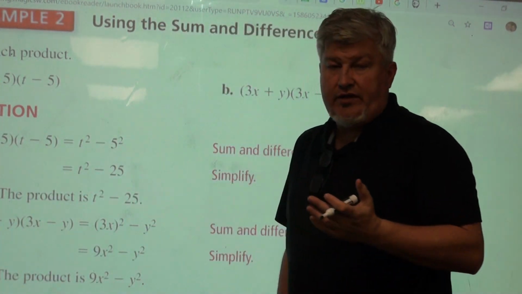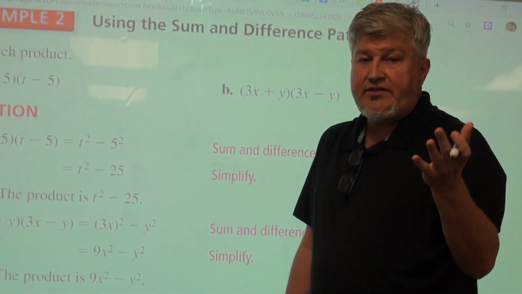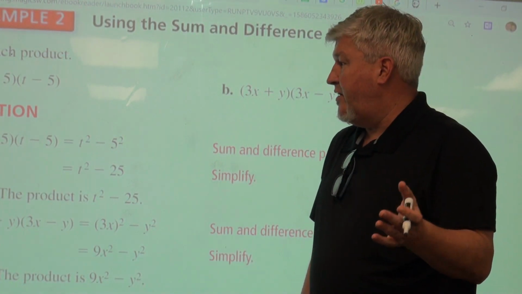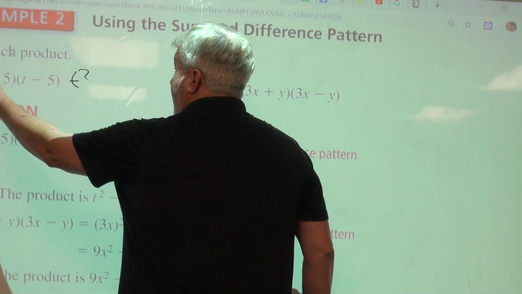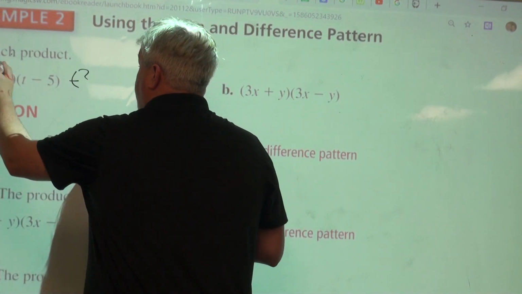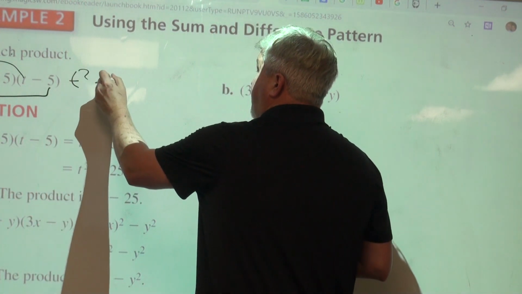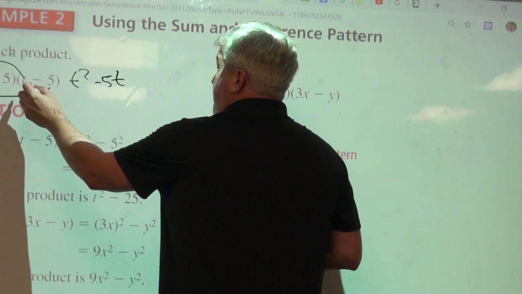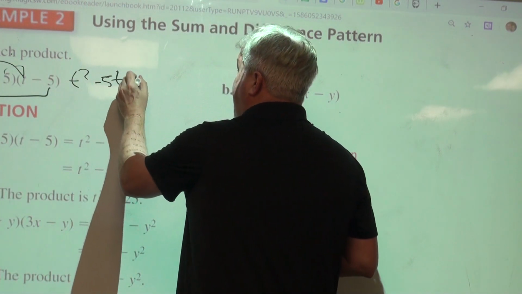I'm going to FOIL it so you can see how that works out. t plus 5 times t minus 5. t times t is t squared. First, outside, t times negative 5 is minus 5t. Inside, t times 5 is plus 5t.